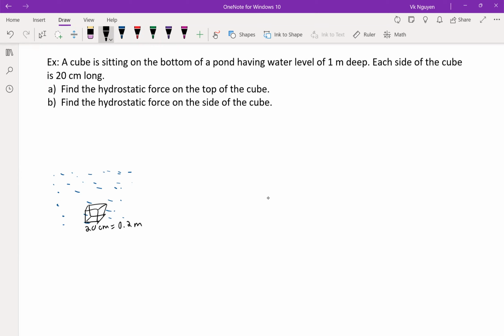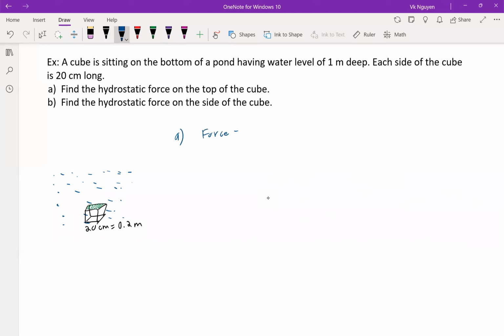The hydrostatic force on the top of the cube: there's only one part of the cube that is right on the top. This is just a thin horizontal plate, so we can do A right away.